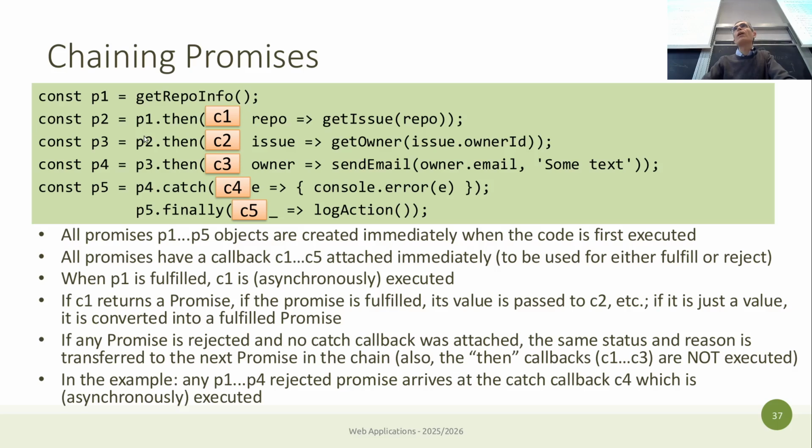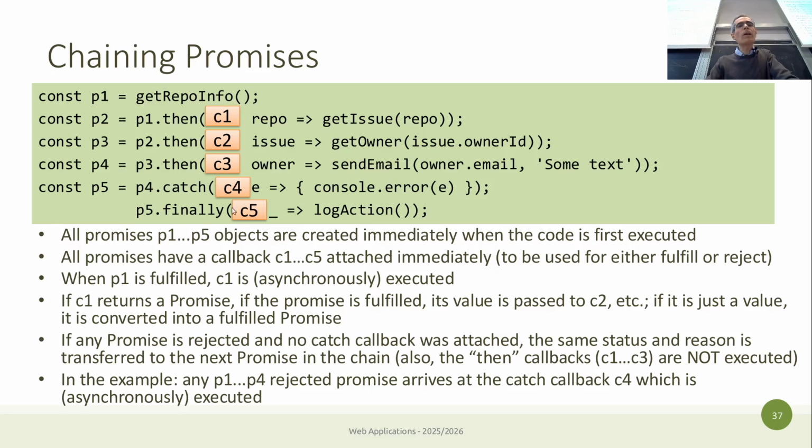If it's a rejected promise, the then does not execute its callback, and you need to wait for the catch. So only the catch, getting a promise P4 that is rejected, sees that it is a rejected promise, and this callback, since it's attached with the catch method, will be executed. Okay? So console error E.